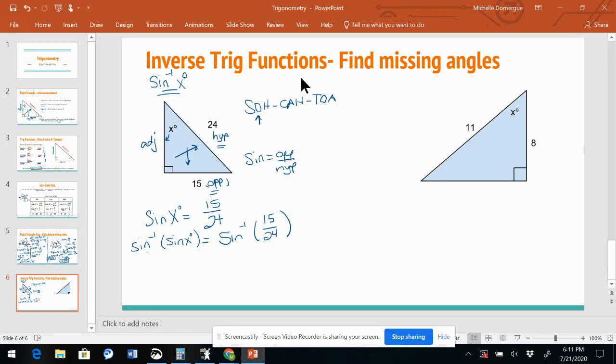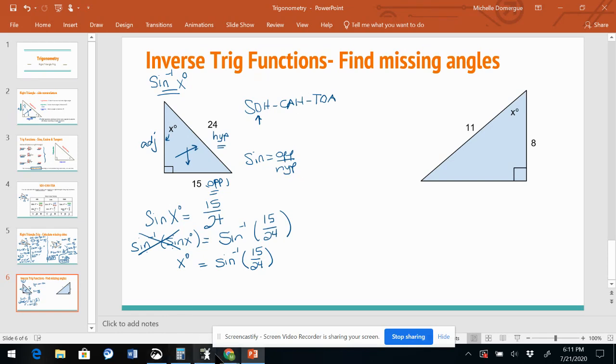When you take the inverse of a sine function, these two will cancel each other out and you'll simply be left with the angle. So the angle x equals the inverse sine of 15 over 24. That means I'm backing out the angle from this ratio.